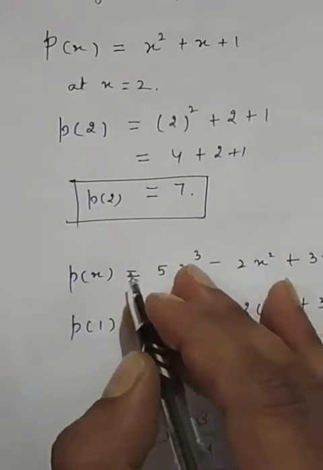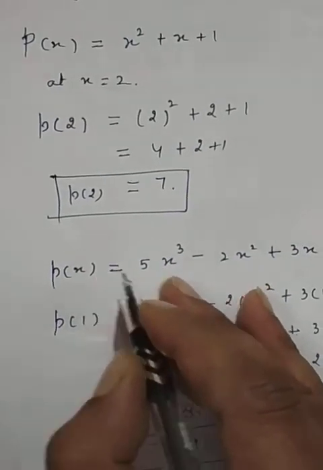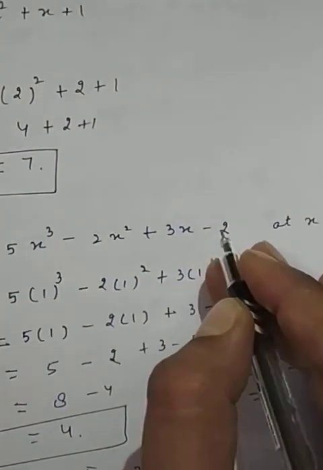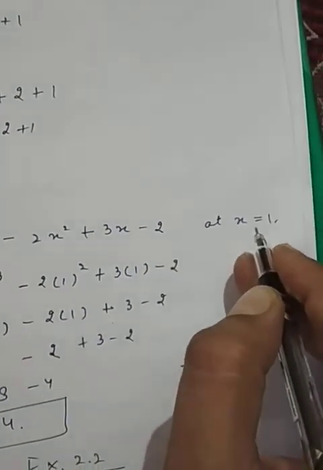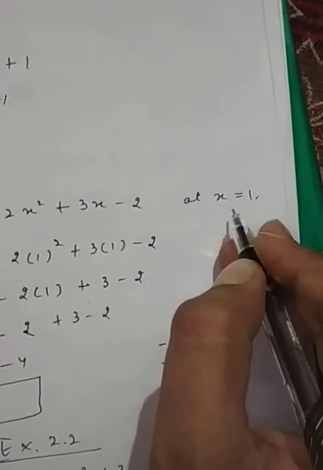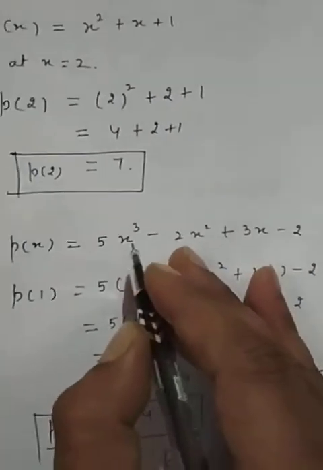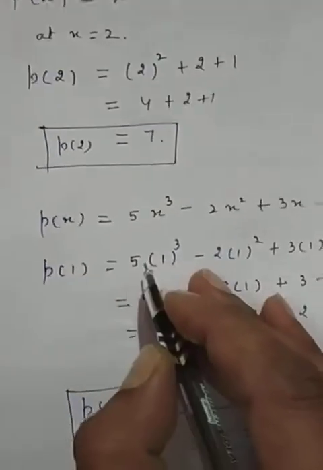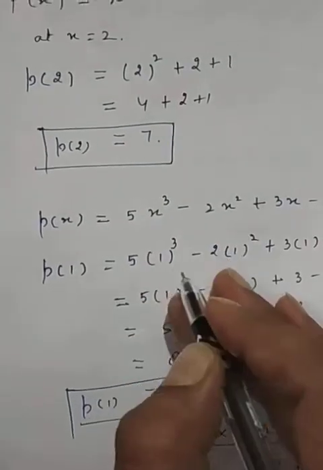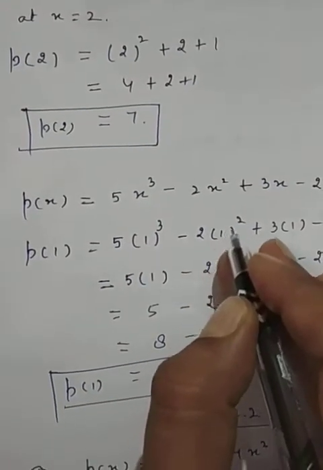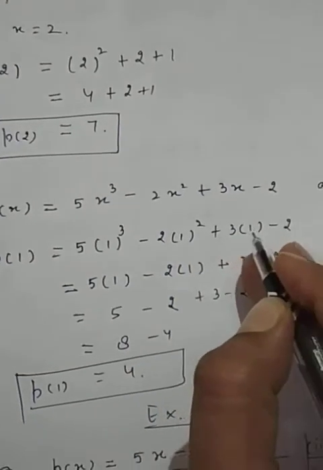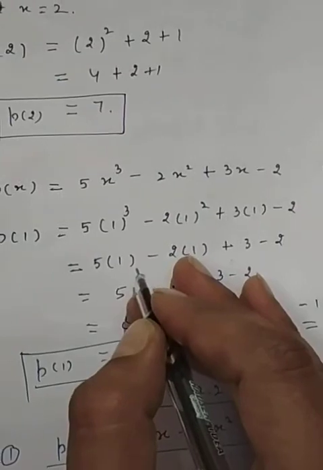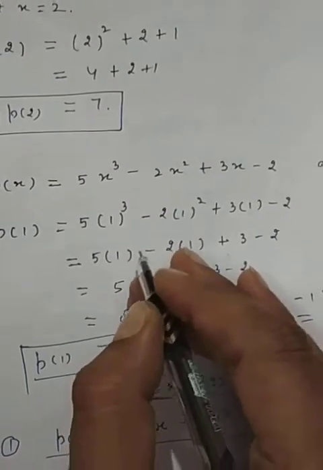Now, one more example is there. p(x) is equal to 5x cube minus 2x square plus 3x minus 2 at x equals 1. The indicated value of x is 1. Now put x equals 1 in the given polynomial: 5 into 1 cube minus 2 into 1 square plus 3 into 1 minus 2. 1 cube is always 1, as any power of 1 is always 1.